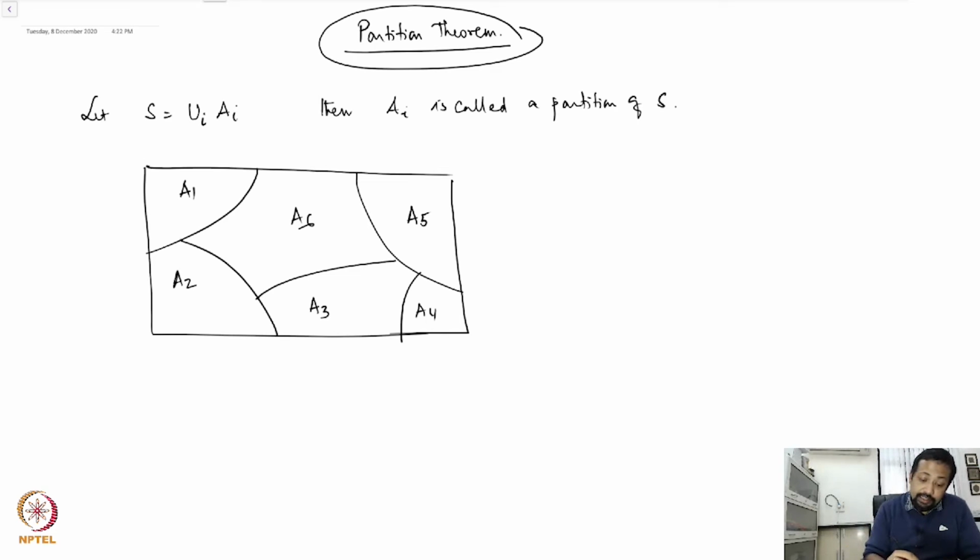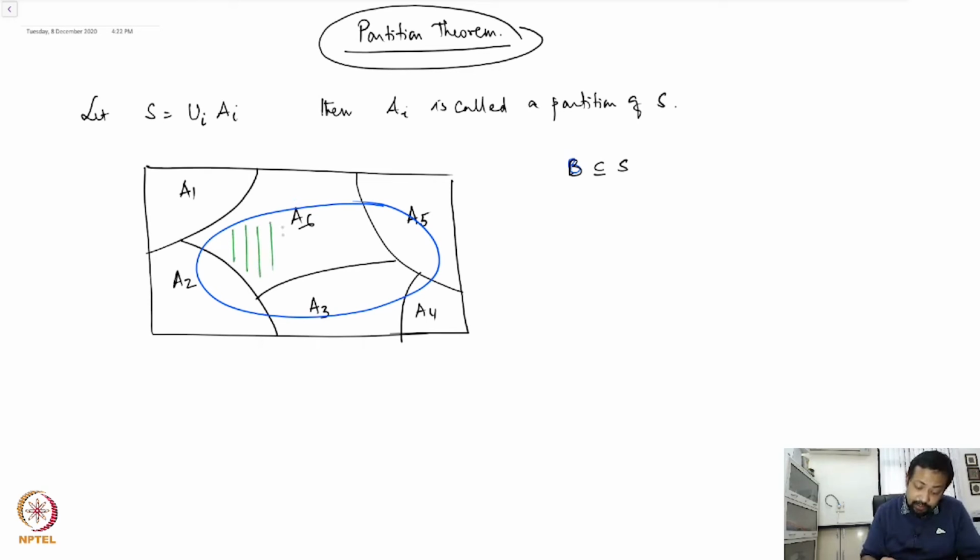If I now consider a B, which is a subset of S, and denote it over here like this, then you see there are several intersections.